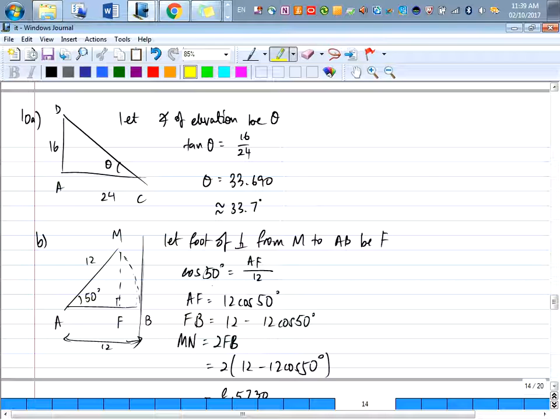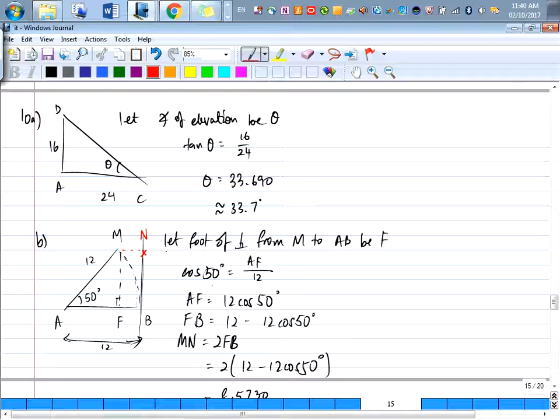So we look at diagram 2, because now they want, in part B, the width of the gap MN. M to N. Over here.